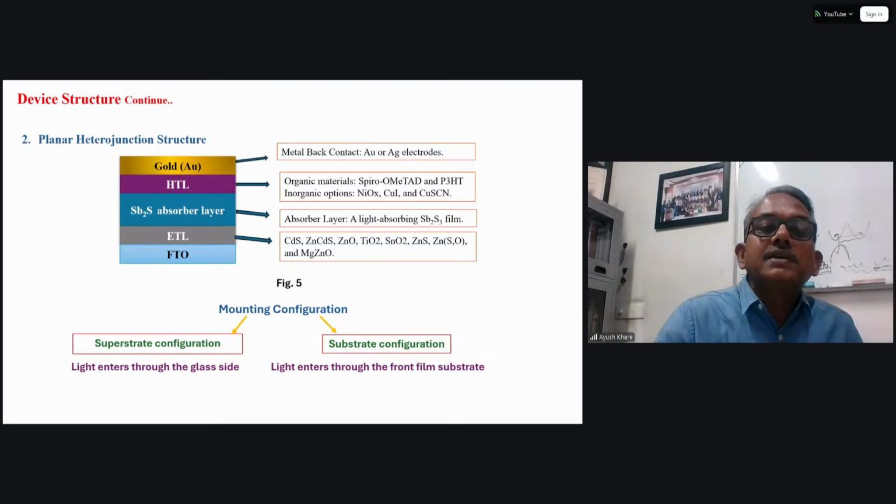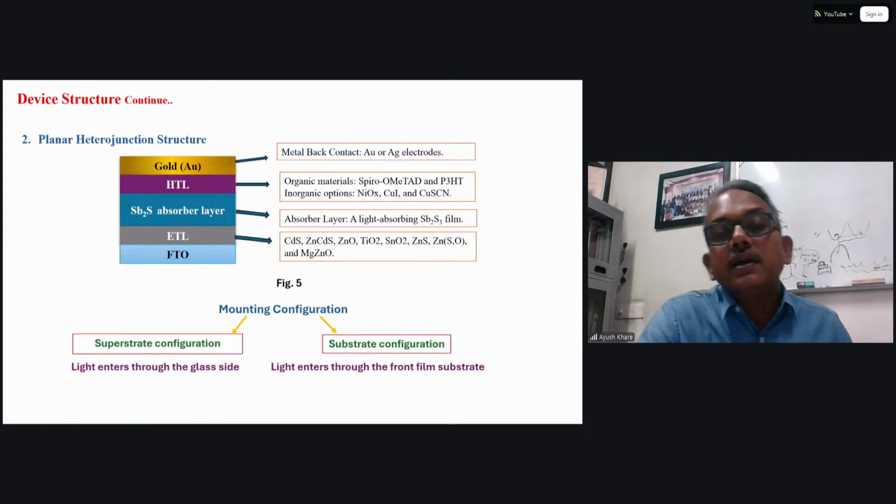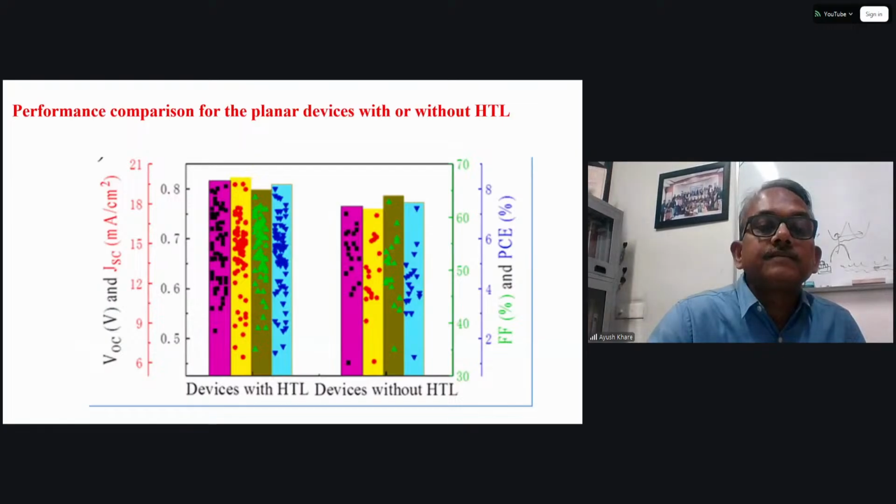But what generally happens during simulation is that students or researchers, to obtain higher efficiency, go for any limit of these dopants. That has to be taken care of: you cannot dope any amount of material into the host material. So that has to be checked. Thickness, doping density, and defect density are the parameters that have to be taken into consideration. As I told you, devices can have an electron transport layer or hole transport layer.